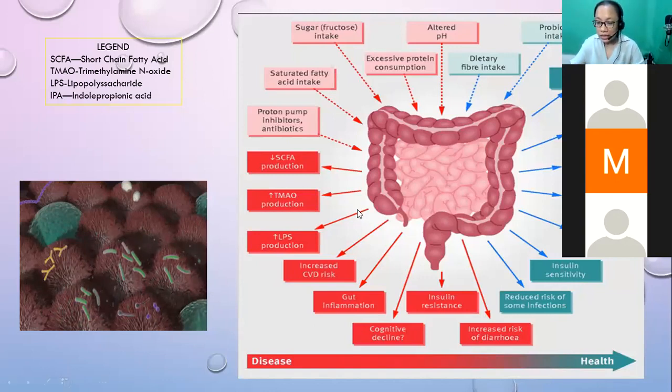Kasi sa totoo lang, if I will be honest with you, if we are not going to pair our EquiCell food supplements with the proper food that we should be eating and the proper lifestyle that we should be committing to, mahihirapan din tayong makuha yung benefits na dinidiscuss natin about this food supplement.